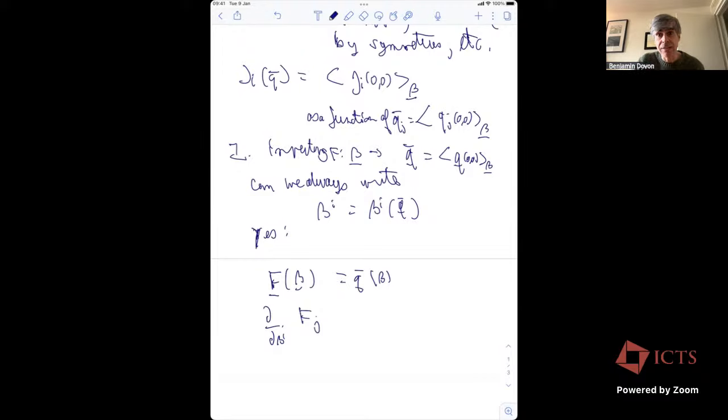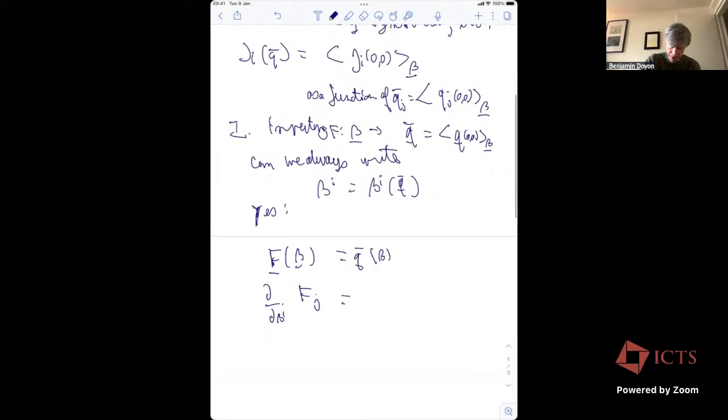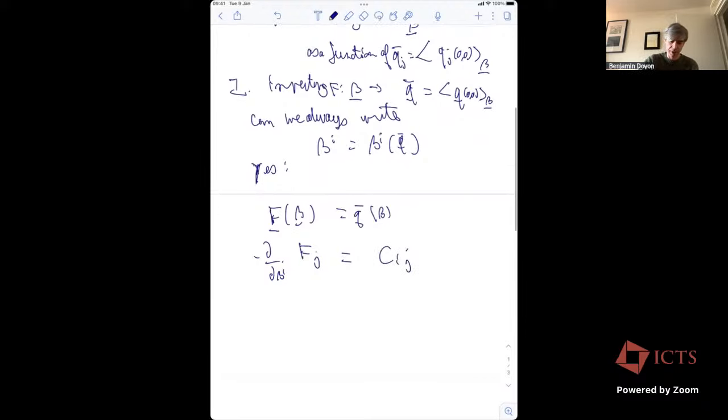The point is that if this mixed derivative is a strictly positive matrix, then the function is invertible. That's from general theorems of invertibility of functions. What is this thing? This is something that I will call, with a minus sign, C_ij. It's a matrix C_ij.